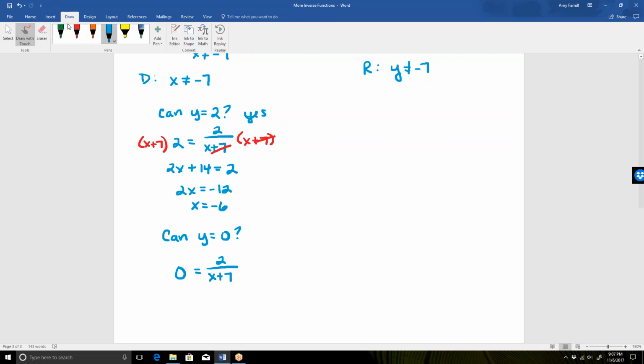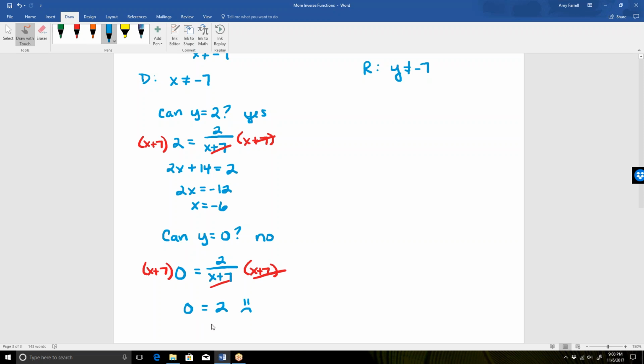Then if I multiply both sides of the equation by x plus 7, and I cross cancel over here, well, 0 times x plus 7 is still 0, and I get 0 equals 2, which is not true. So I just found out that no, y cannot be 0.